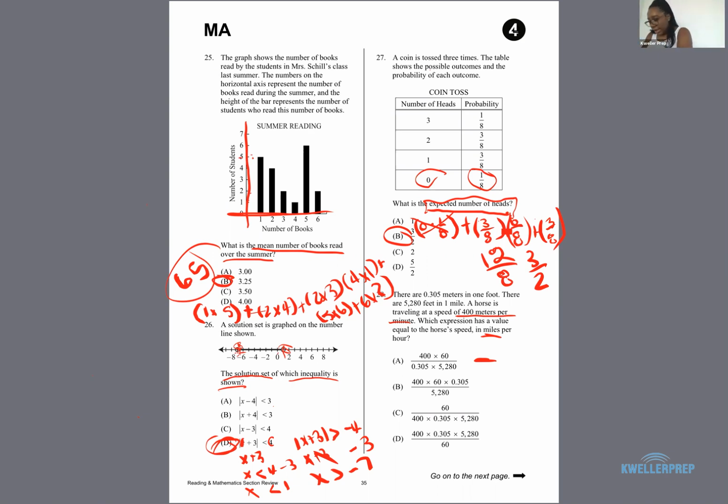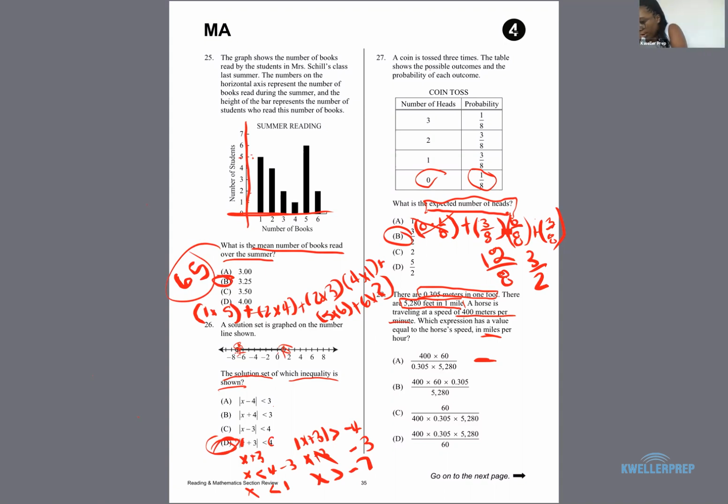So you have to take each of these values into account in order to solve this problem. But let's start off with 400 meters per minute. Because you want everything to be in miles per hour, 1 hour has 60 minutes.